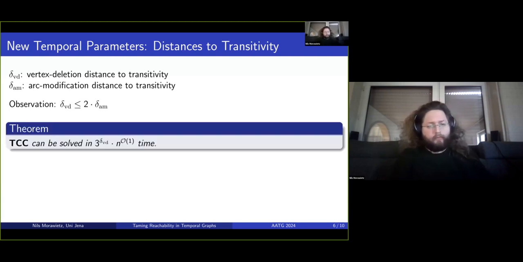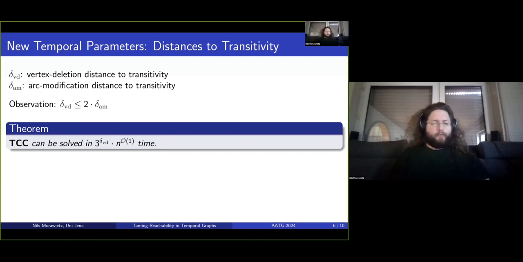And based on this, well, not based on this observation, but what we showed is that the problem can be solved. So finding temporally connected components can be done in 3 to the vertex deletion parameter times polynomial time. And based on this observation, this then also implies an FPT algorithm for the arc modification distance.